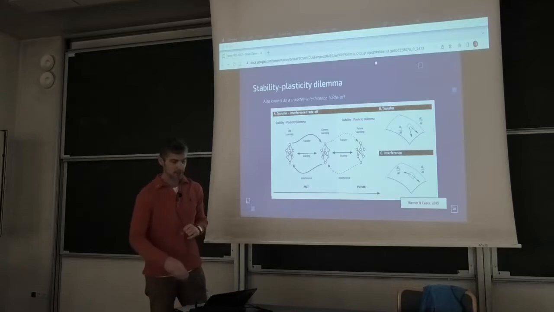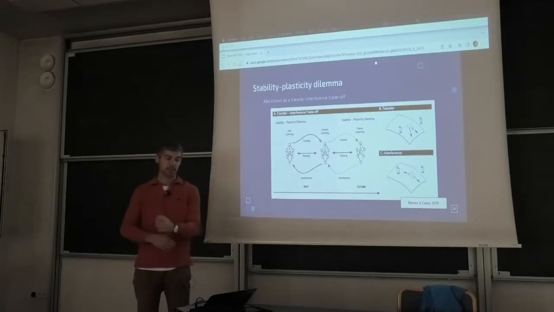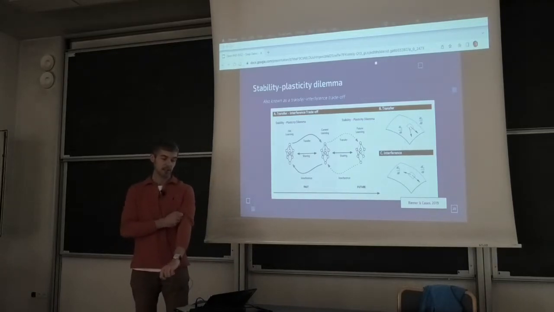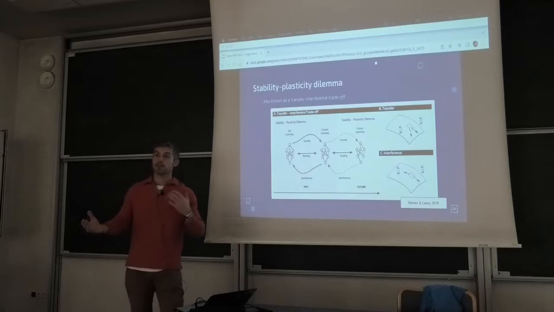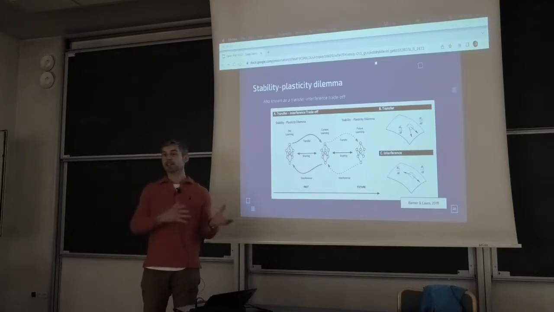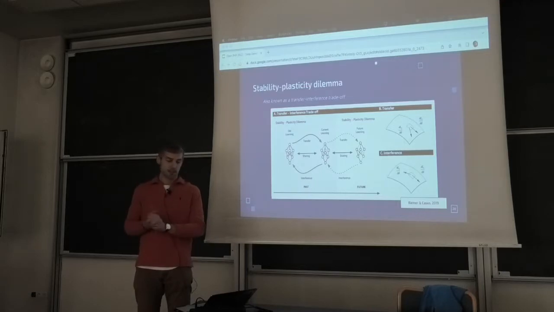Another way of looking at this problem is from the stability-plasticity dilemma. The general intuition here is that you can think of your network as a neural structure that is stable and plastic. When it's plastic, you can modify the weights. When it's stable, you want to keep them constant.